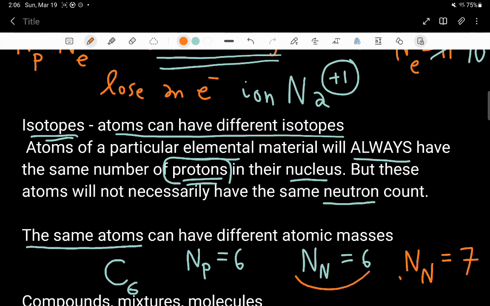And these are different isotopes of carbon. Both of these isotopes have the same number of protons, which is 6. But what makes them different isotopes of carbon is the fact that one has 6 neutrons and the other has 7 neutrons.